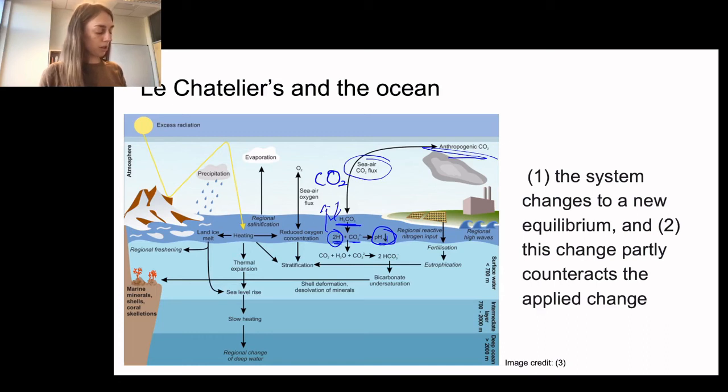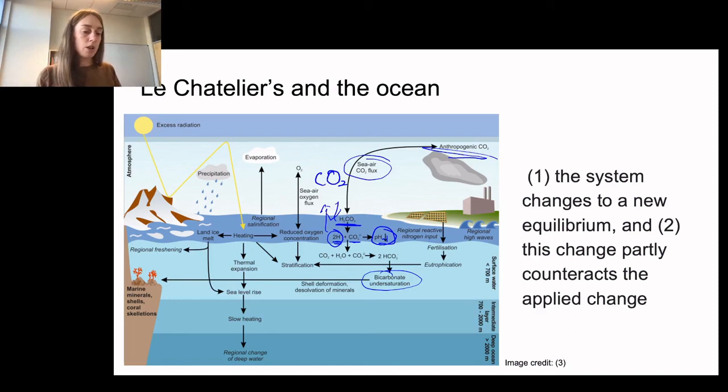And we've created this giant backup of carbonic acid. We've decreased the pH here. And if we do this, we result in undersaturation of our bicarbonate here. And that means that there is not enough available. It's shifted back along the carbonate system, and we are causing huge issues for those marine organisms that rely on the ability to have carbonate around to build those shells.